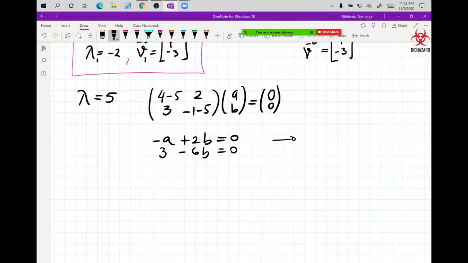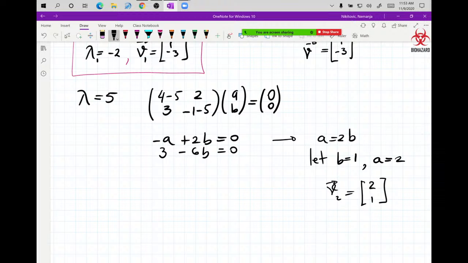Now, from the first equation, you get that a is equal to 2b. Let b be 1, which immediately makes a to be 2. And there's your eigenvector v2, which is now 2, 1. Just make sure that you put b on the bottom. That's one of those facepalm mistakes, noob mistakes on an exam where you are so stressed and you're rushing and you're not thinking.